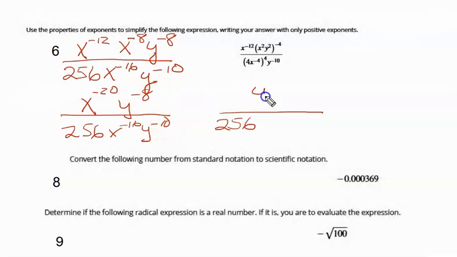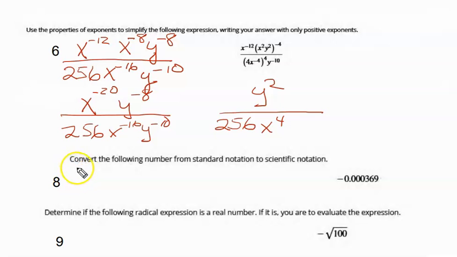This is going to leave me with y to the second in the numerator. I'm going to take this x to the negative 20, bring it down where it becomes x to a positive 20, and I'm left now with x to the fourth. And there is your answer. So it looked daunting, but again, step by step, following the protocol.